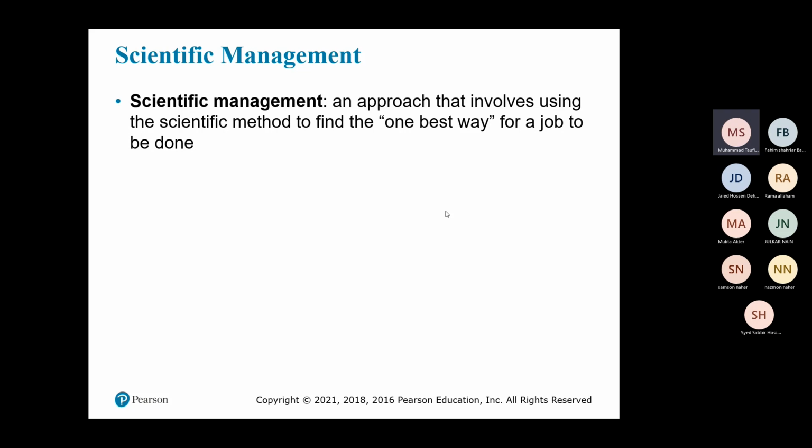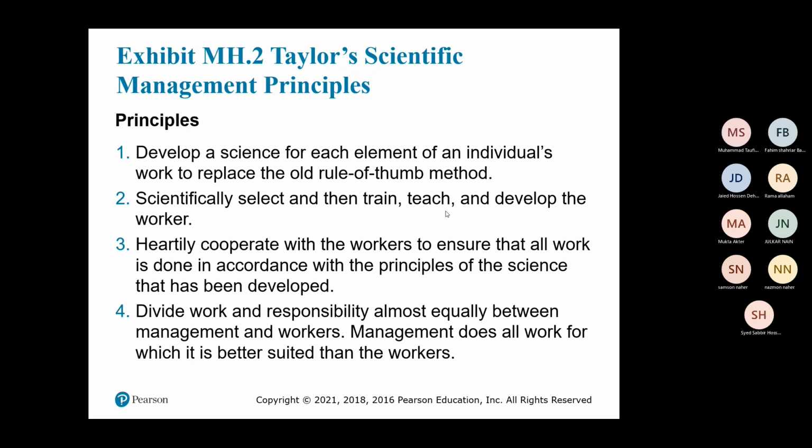So in scientific management, they try to implement the scientific method to find the best management style for the company. That is the second stage of management knowledge. This is the scientific management principle, highlighted by F.W. Taylor.